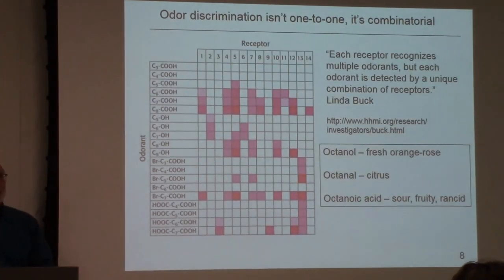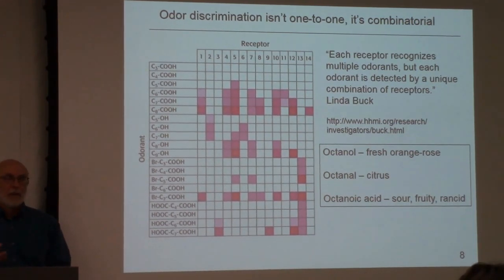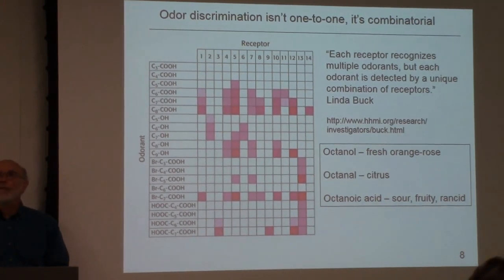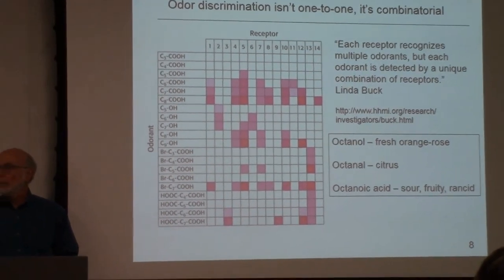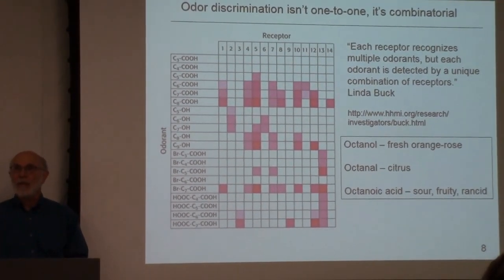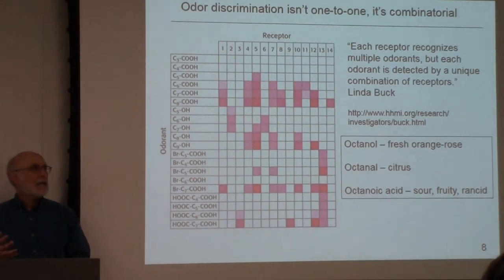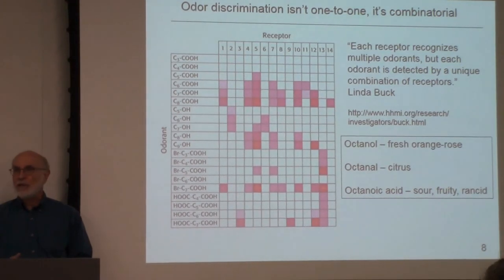And this slide is just getting at the idea that we use combinatorial activation of different receptors in order to differentiate related smells. The key word is combination. Combination of activation of different receptor cells gives us our ability to differentiate 10,000 odorants as opposed to just 5 cases.